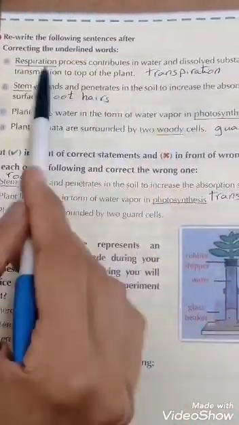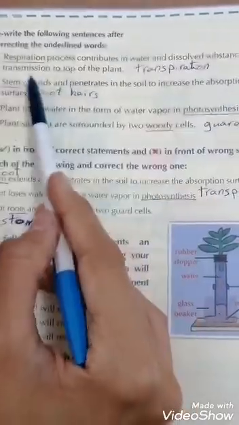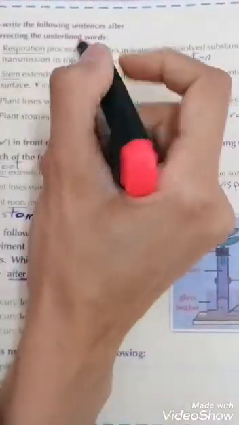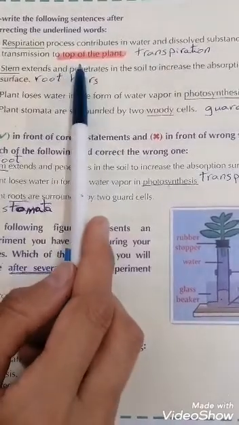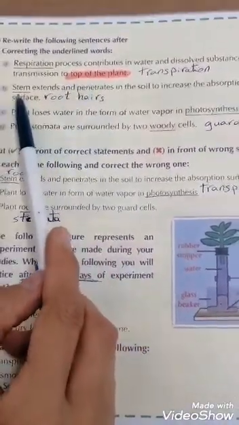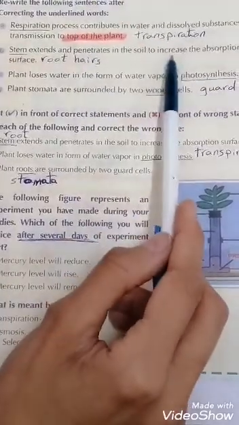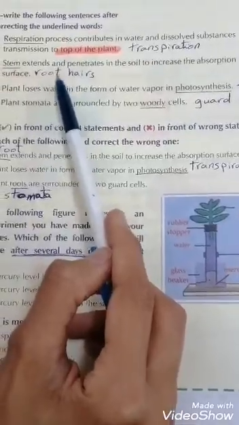It is the transpiration process that helps in transmission of the water and dissolved substances to the top of the plant. Next one: stem extends and penetrates in the soil to increase the absorption surface. Of course, it is the root hairs.